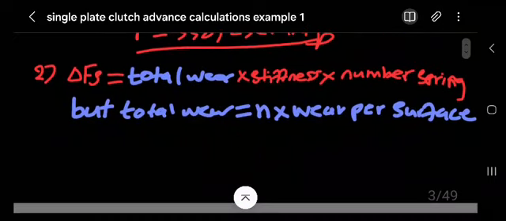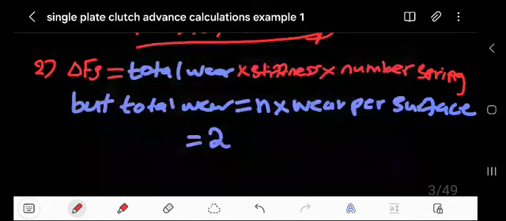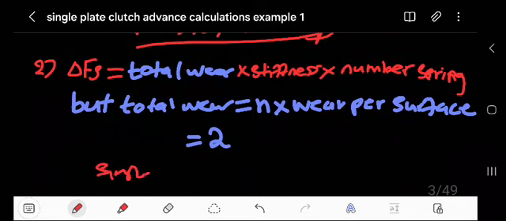Here, the number of shoes, this is not a centrifugal clutch. We don't have a number of shoes on the friction clutch. The number of contacts is 2, because if you have a single plate, the number of contacts is always 2.